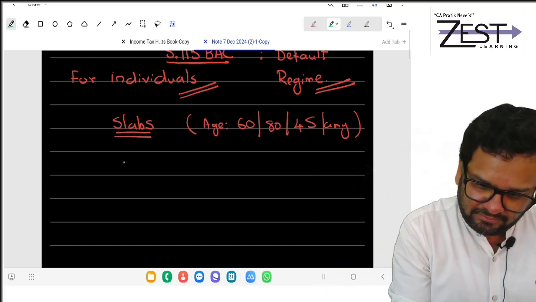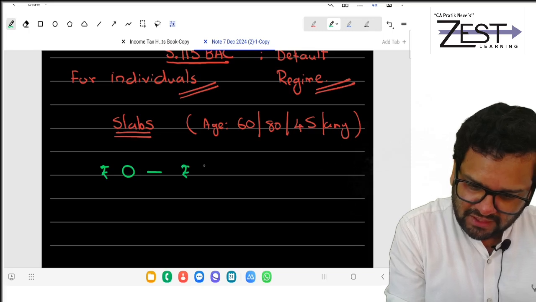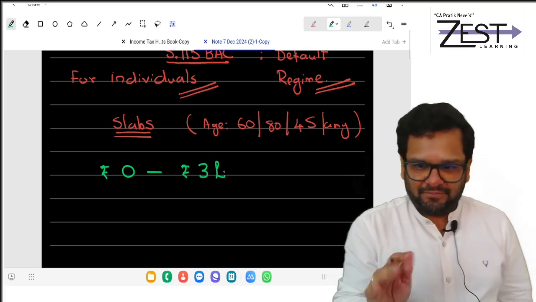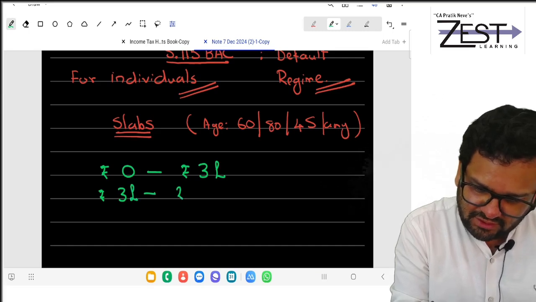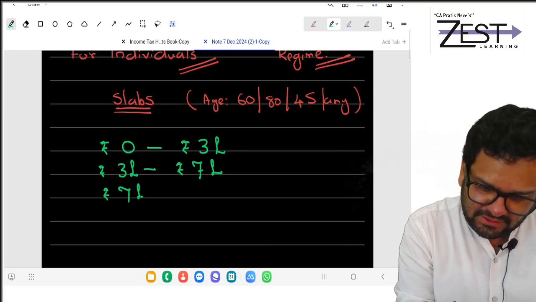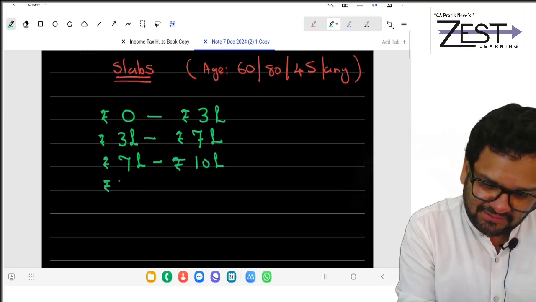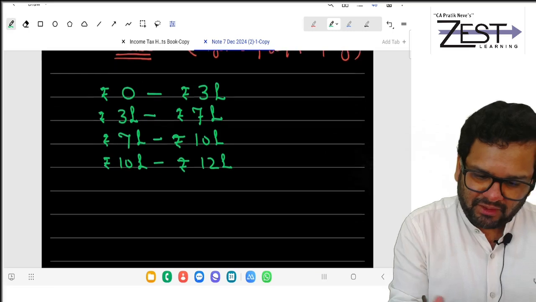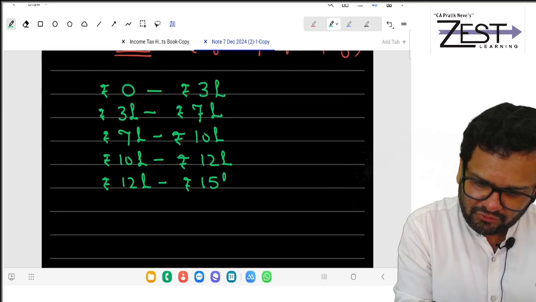For income between 0 to 3 lakhs. So what you will keep in mind? 0 to 3. Then you will go ahead and say 3 to 7. Then you will say 7 to 10. Then you will say 10 to 12. Then you will say 12 to 15.